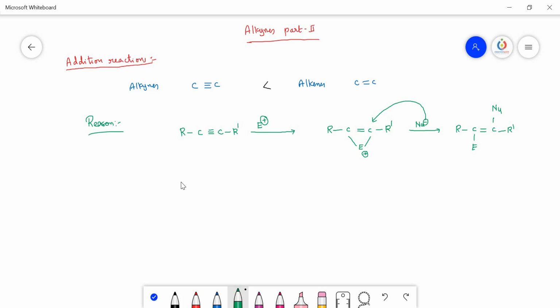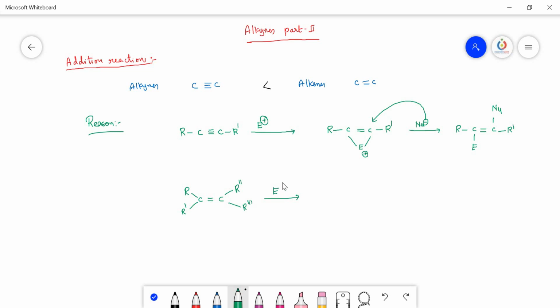R dash. But in the case of alkenes, if you take C double bond R dash, and we shall take R double dash and R triple dash, just a general alkene.